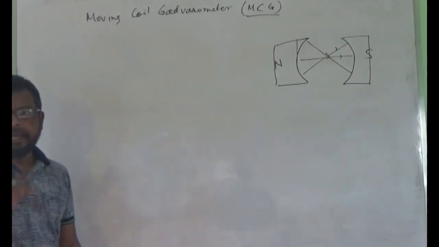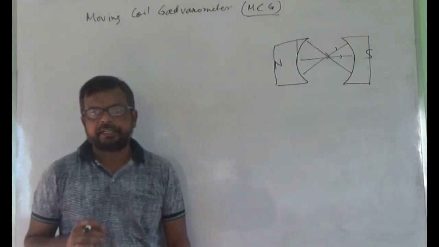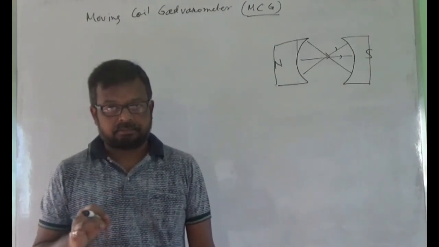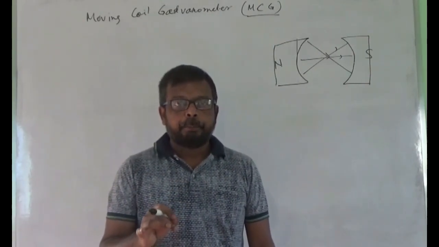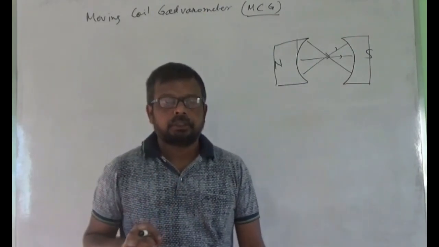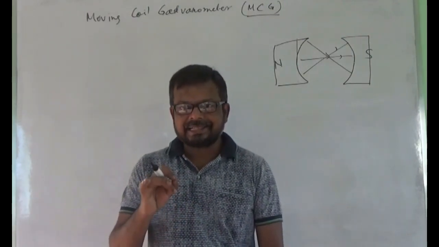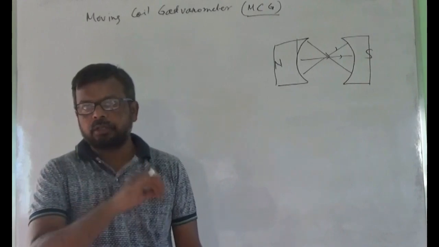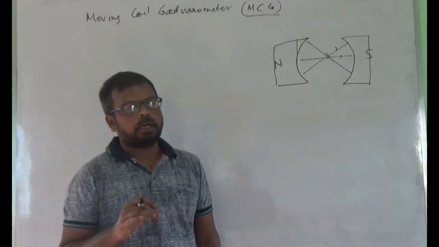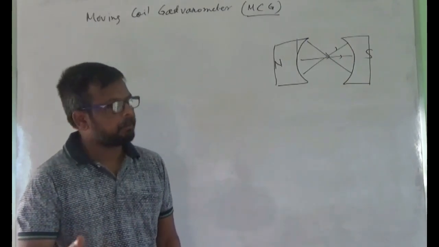Permanent magnet, and the coil is suspended by a hair-like spiral spring, generally made up of phosphor bronze, because phosphor bronze has a very small restoring torque, and by a very small restoring torque we can increase the sensitivity.